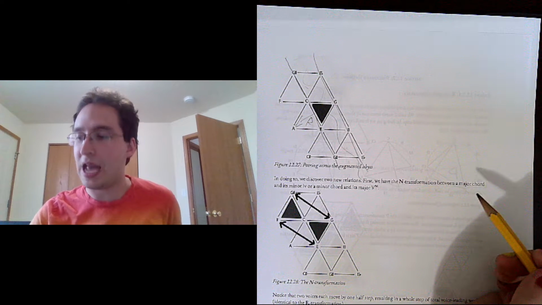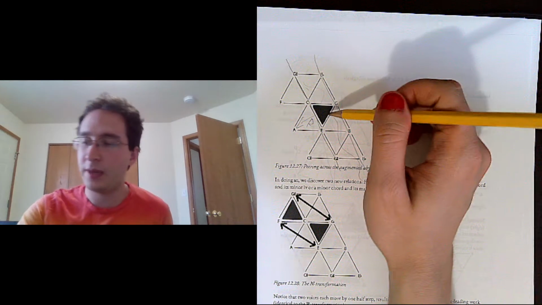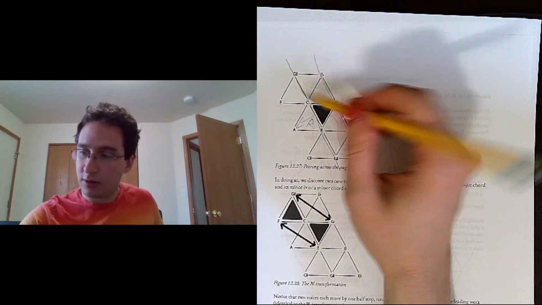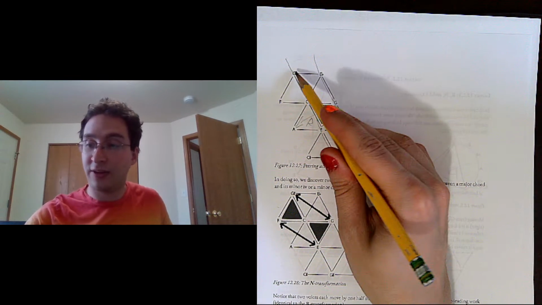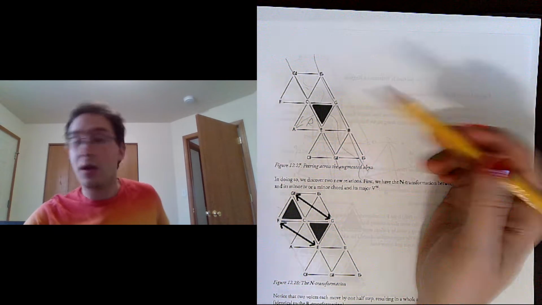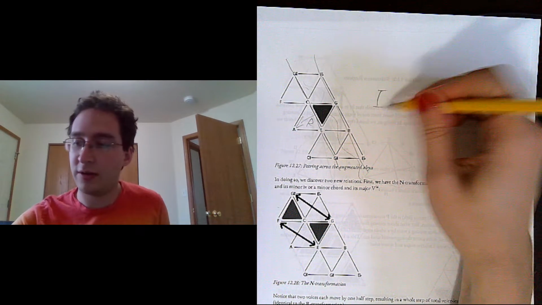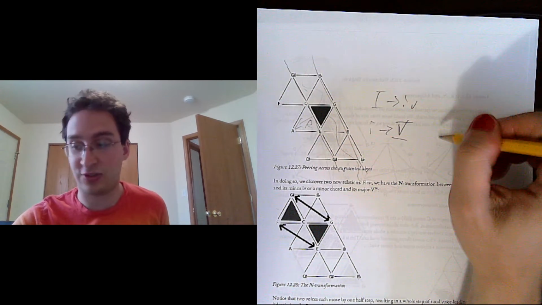First we have the N transformation between a major chord and its minor 4, so that would be C major to F minor, or a minor chord, F minor, and its major 5, C. So this is I to iv modal mixture, or i to V. That's super common.